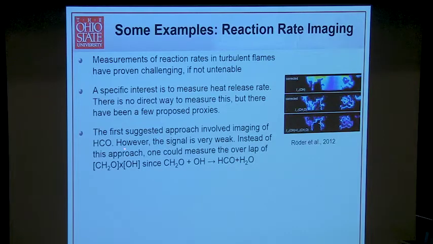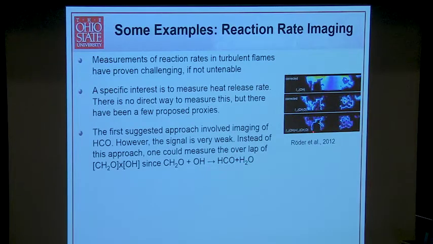But this molecule is amenable to excitation, but it's just very weak, okay? And so instead of doing that, what's been used a lot in the literature is the overlap between the formaldehyde distribution and the OH distribution, since formaldehyde plus OH goes to HCO plus water.